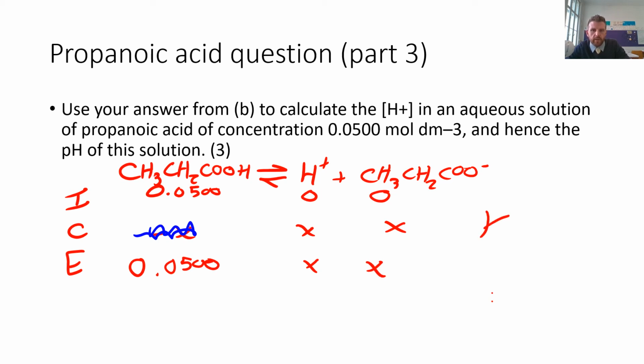So then now going back to our Ka is equal to the concentration of H⁺ times the concentration of CH3CH2COO⁻, I'm running out of room, so we're just going to do that over the concentration of CH3CH2COOH.